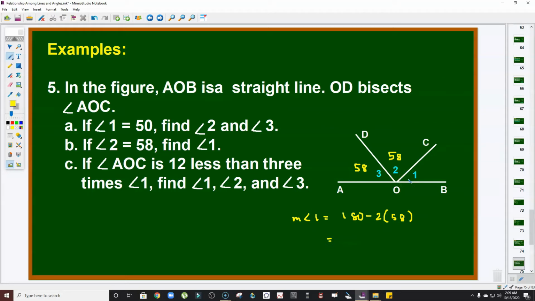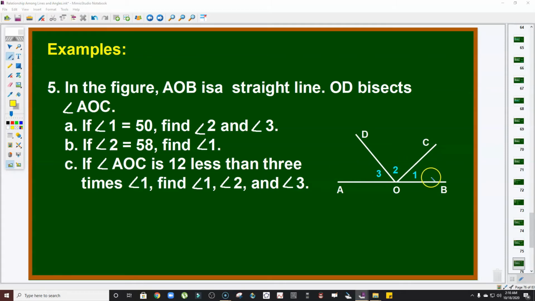So, 180 minus 2 times 58 is equal to 64. That's the measure of angle 1. Clear? Okay, next, letter C.